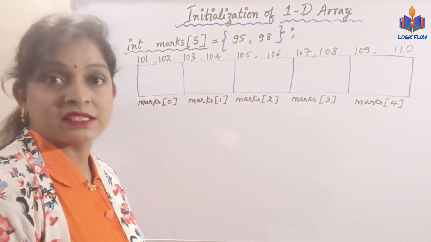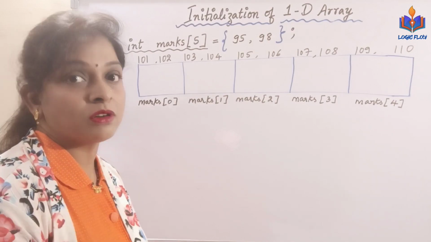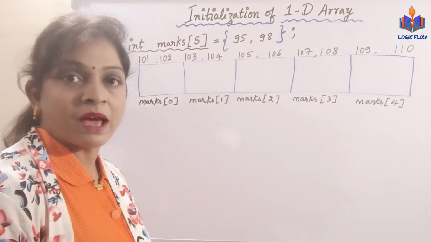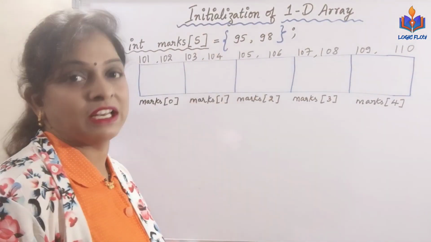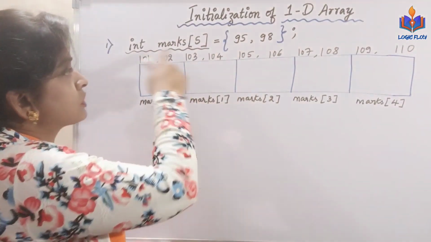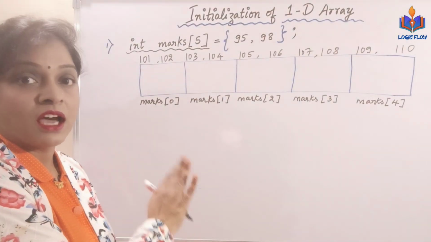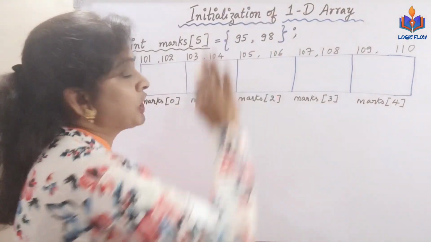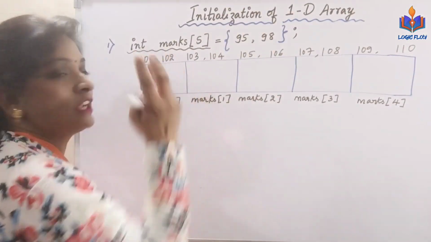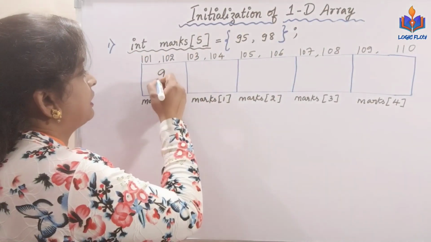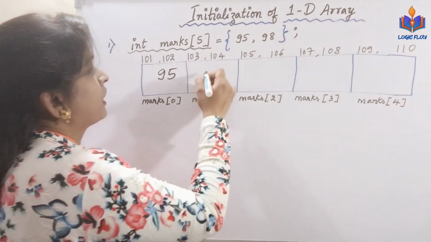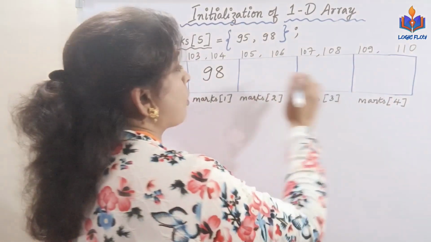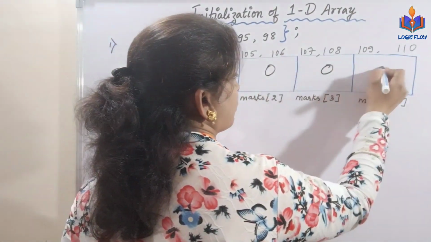We can use less than that, but not more. 5 is the maximum size, but I have given only 2 values. As soon as the compiler encounters the array declaration, it allocates the memory. When it comes to initialization, it fills only 2 values. So I get 95 in marks of 0 and 98 in marks of 1. The remaining blocks will be filled with 0.